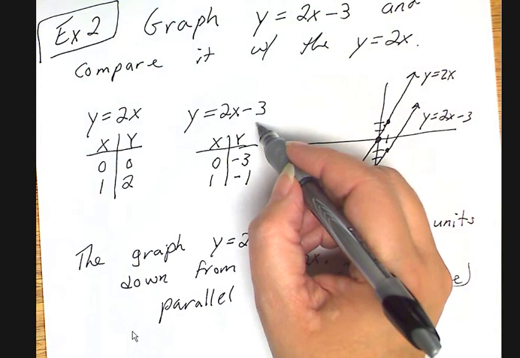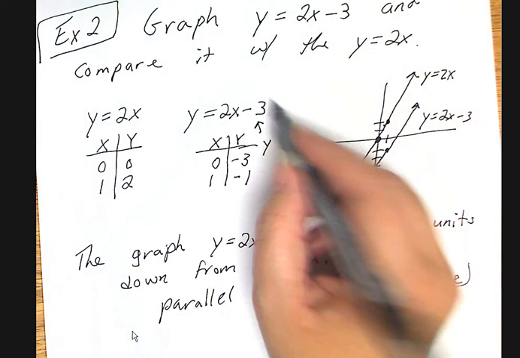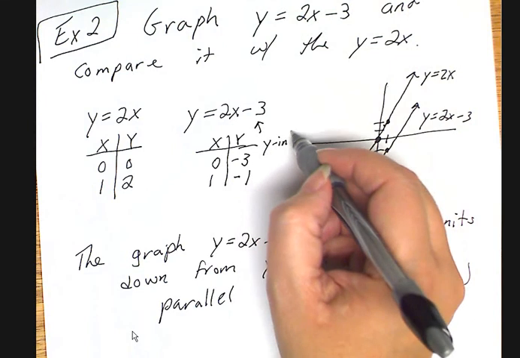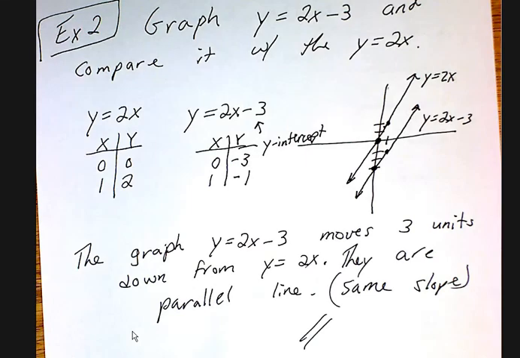Y-intercept. If it's this way, it's the y-intercept. Yep, we're going to talk about that tomorrow. But yes, you are correct. Tomorrow we're going to graph by y-intercept and slope. Yep. But yes, you are correct. Any other? All right.